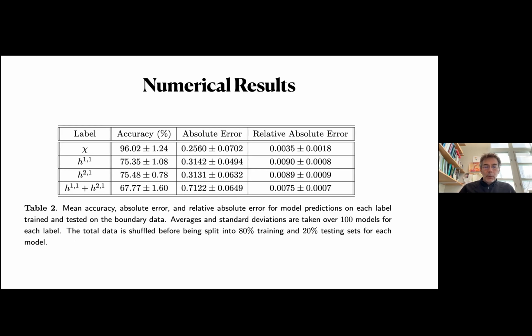Then the experiment was repeated by, instead of just randomly selecting from the 500 million reflexive polytopes, choosing polytopes along the boundary. I had this in a previous incarnation of this talk. In the standard plot of all the Hodge data, we have the Hodge data there on the boundary.